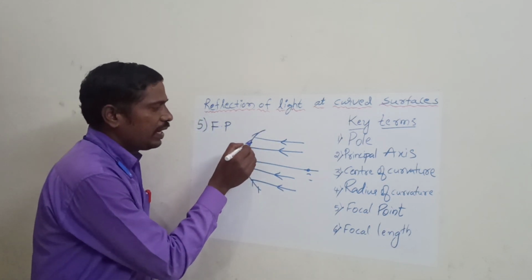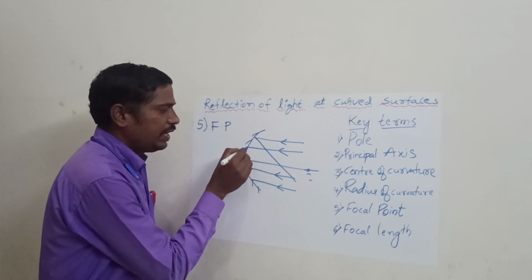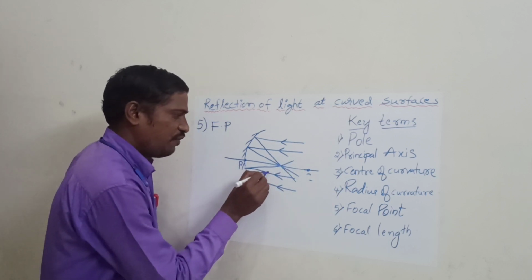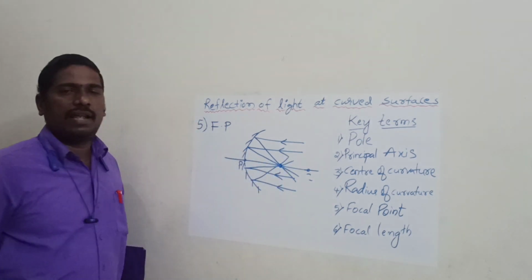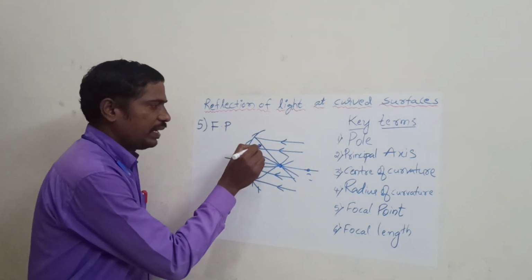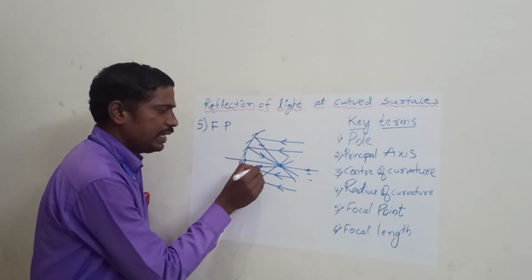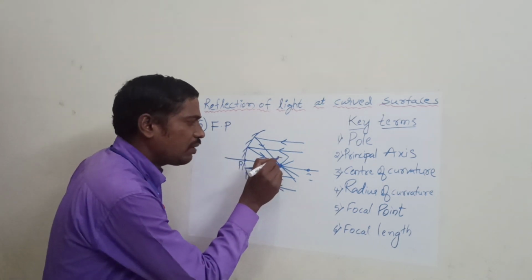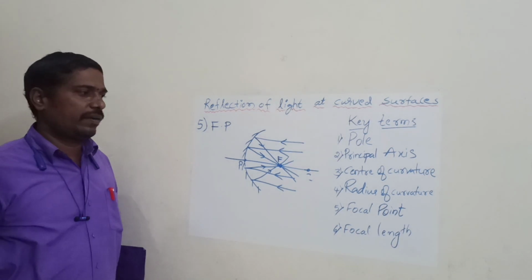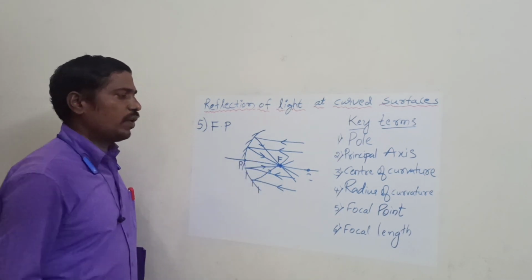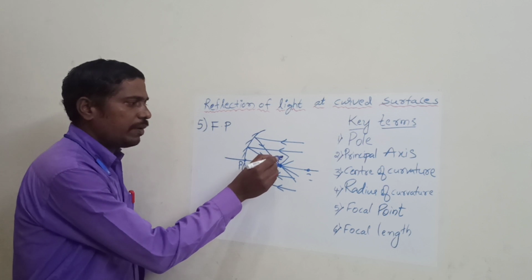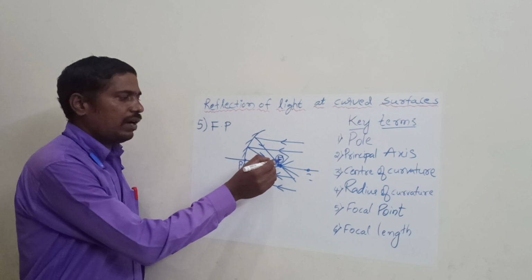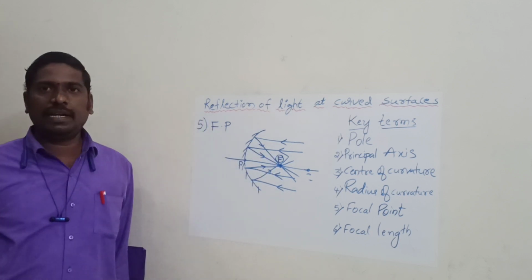After reflection, the reflected rays intersect at one point on the principal axis. This point is called focal point. This focal point is denoted by capital F.